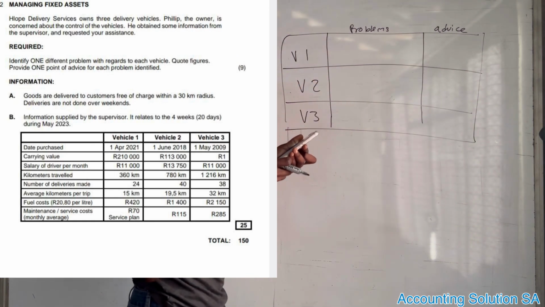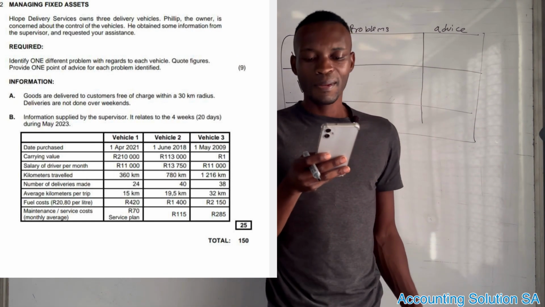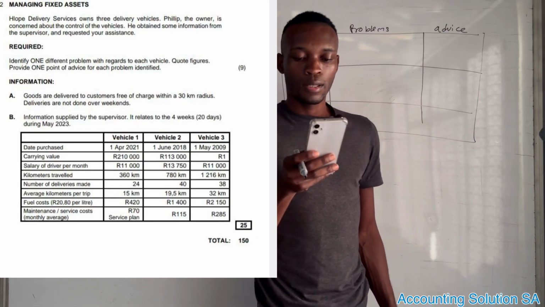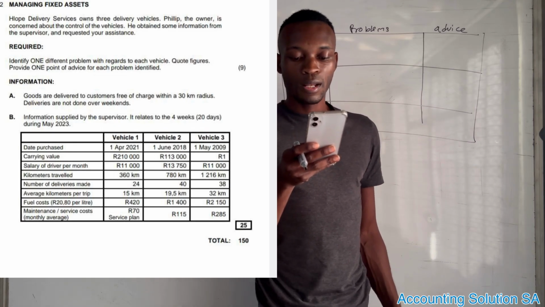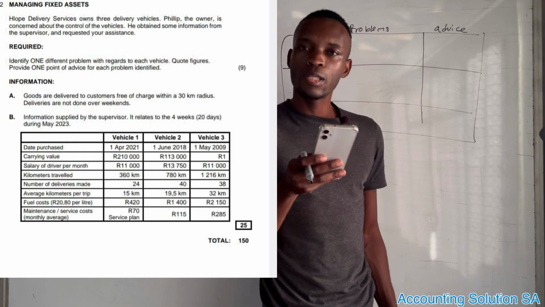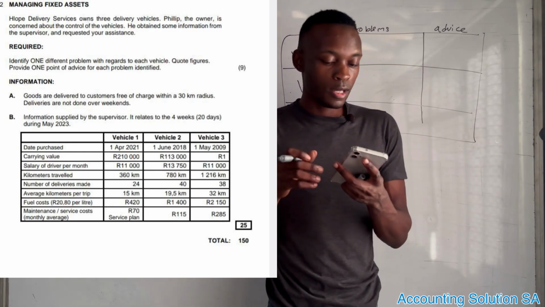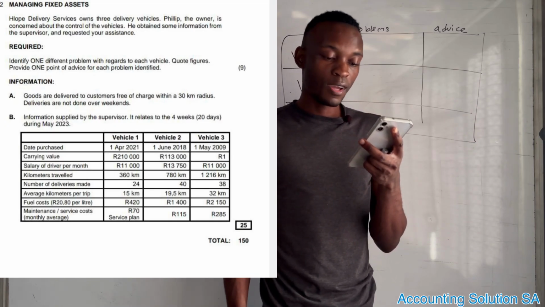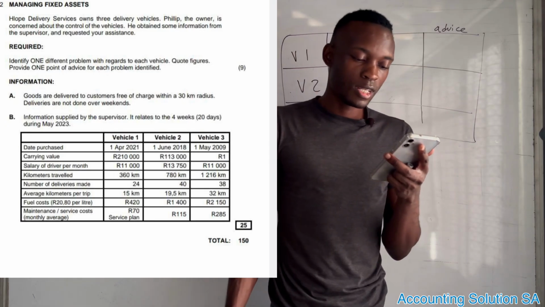If you check under vehicle number 1, the problem that we can identify, guys, is the salary of the driver. He's getting paid 11,000, but how many kilometers has he traveled? Only 360. He's been paid the same as vehicle number 3, but vehicle number 3 is traveling a lot, 1,000 something, while this one travels 360.